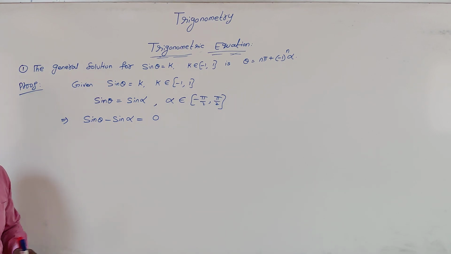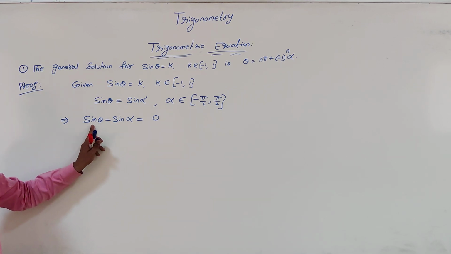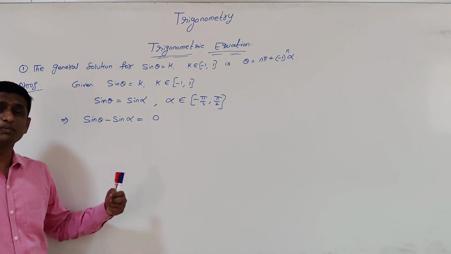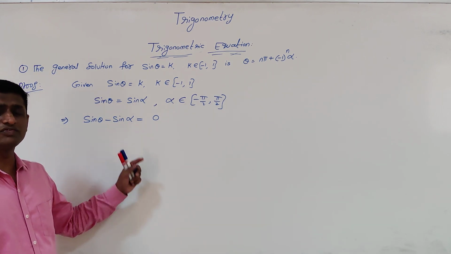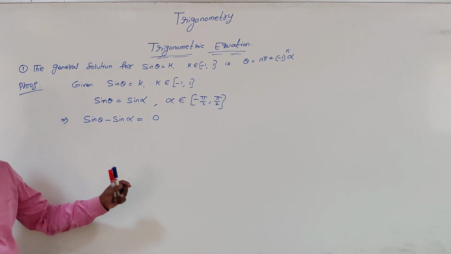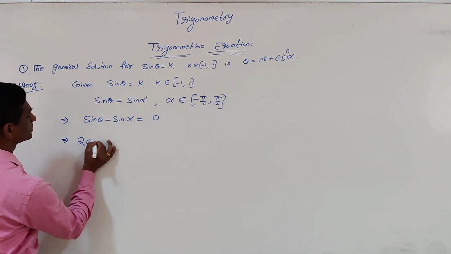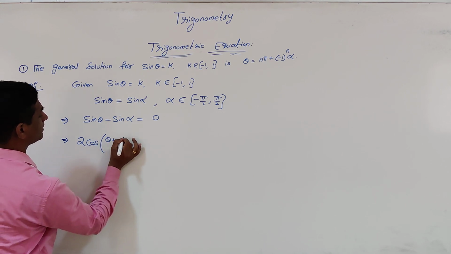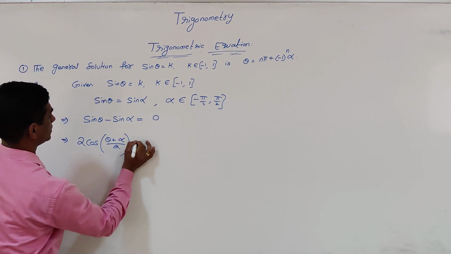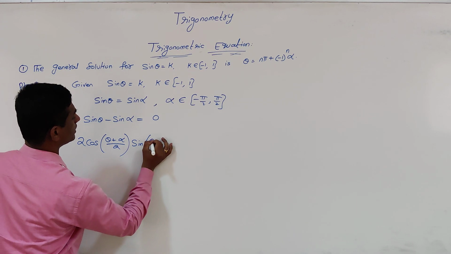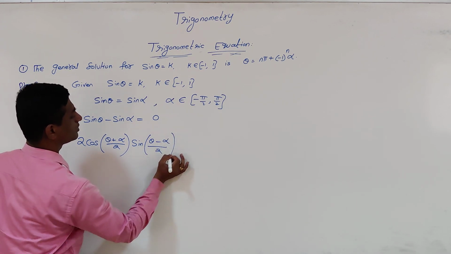Now it is in the form sin C minus sin D. As it is the difference of trigonometric ratios, we can convert it into a product by applying the transformation. That is 2 cos of (theta plus alpha) by 2 sin of (theta minus alpha) by 2 is equal to 0.